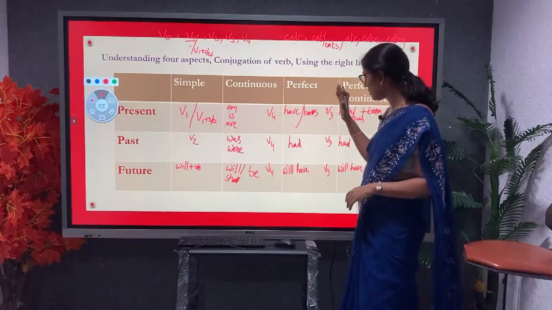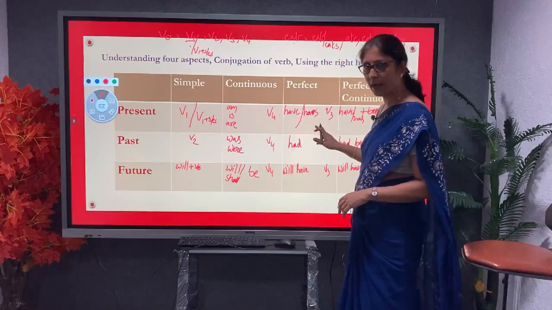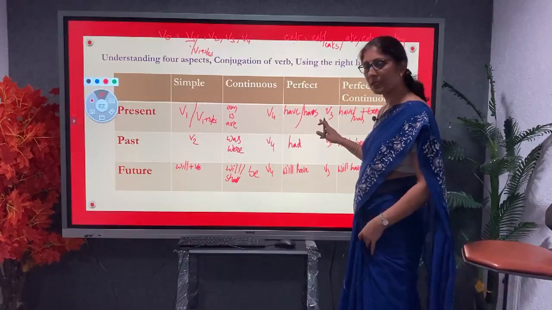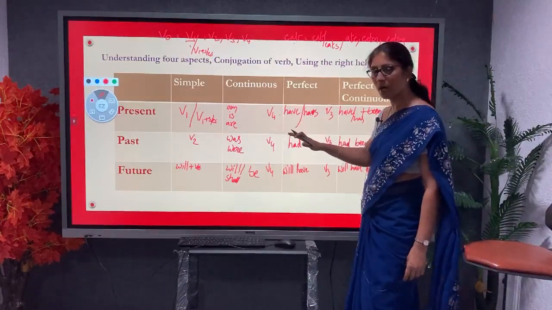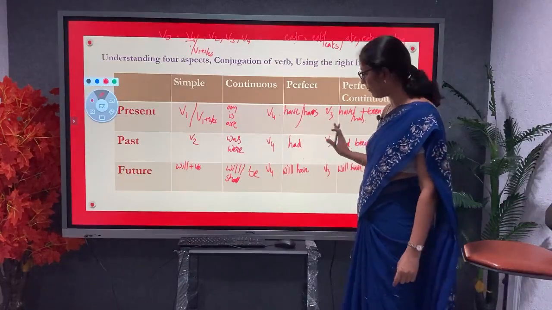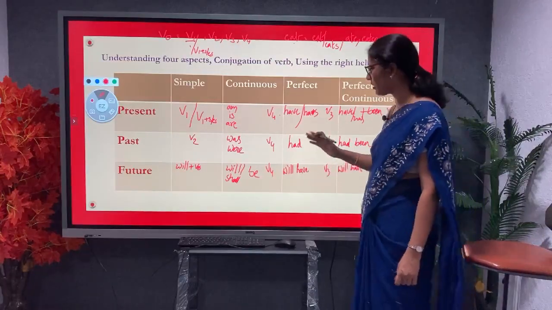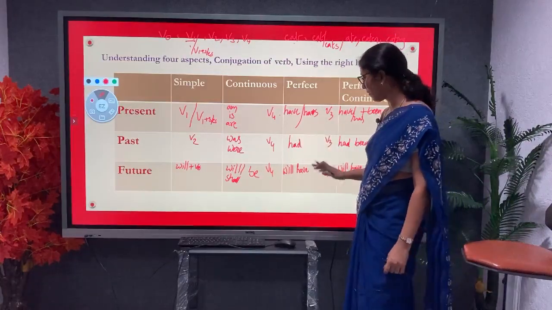Next, perfect means V3. Present perfect means have or has: third person singular has, for all remaining subjects we take have. Then past perfect, had V3, for any person, singular or plural.